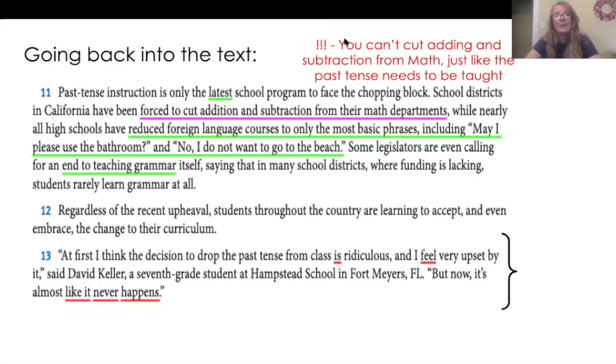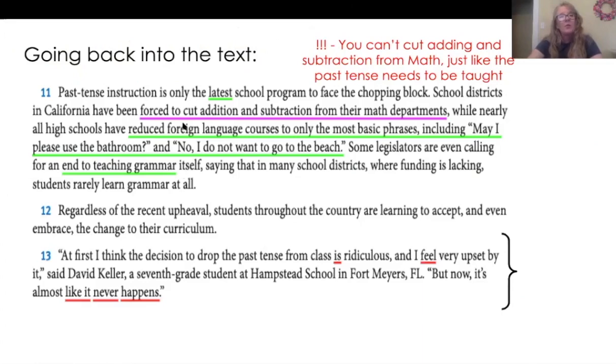Last I figured, you can't cut adding and subtraction from math, just like the past tense needs to be taught. So there you go. We have to have those functions. So that's kind of adding to that whole satire that we can just delete something and not use it anymore, which is a crazy idea.